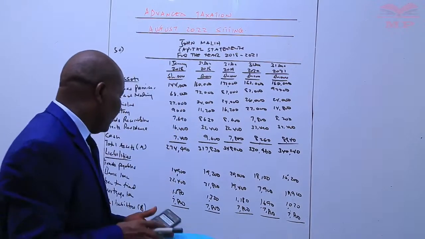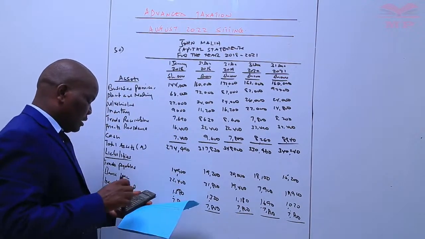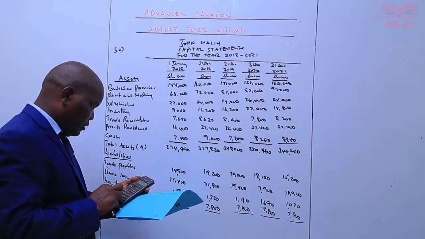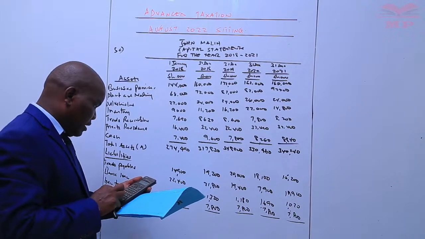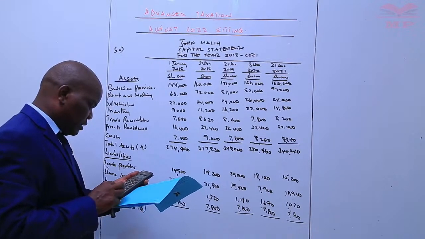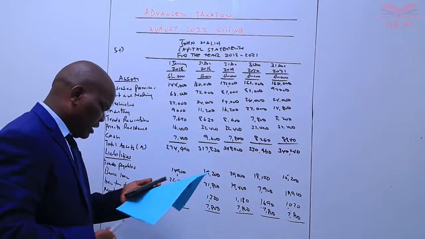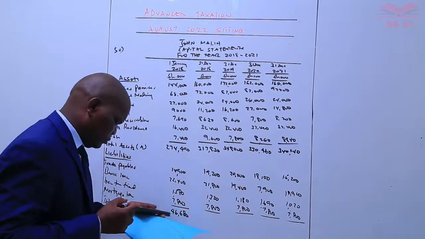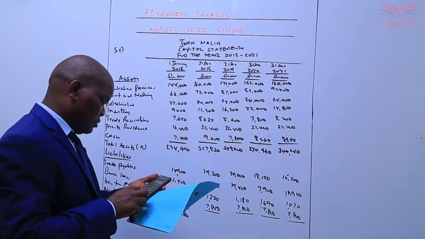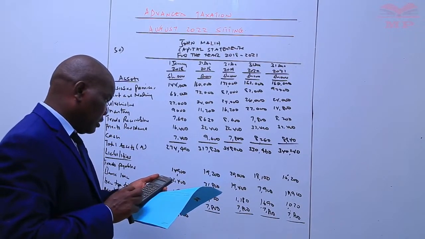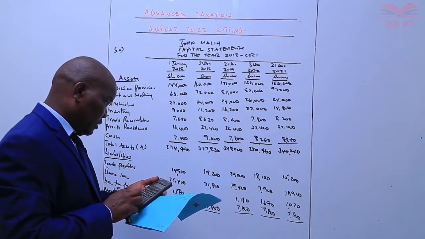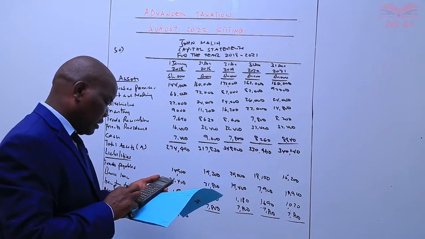So we move together. Here, 2018 January, we have 14,900, 22,400, 1580, and 7,800. I'm getting 46,680. Next, 19,200, 21,800, 1320, and 7,800.